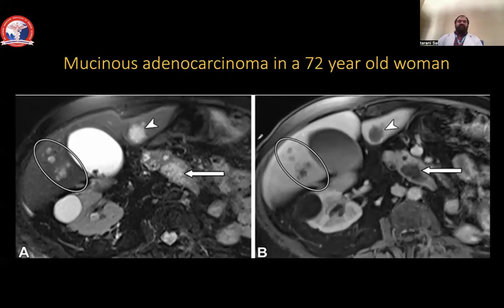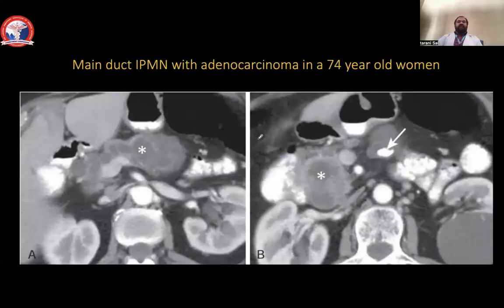Mucinous adenocarcinoma, which is a very rare entity. You can see the ill-defined mass in the body of the pancreas with liver mets. This is a main duct IPMN with adenocarcinoma in a 74-year-old woman.